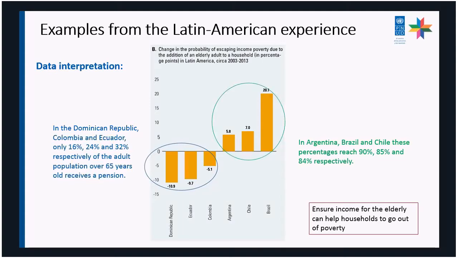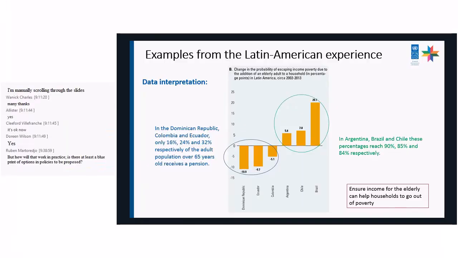In Brazil, Chile, and Argentina, having an additional elderly within the household increases the probability, in Chile by 7 percentage points and in Brazil by 20 percentage points, vis-a-vis a base household. On the contrary, in the Dominican Republic, Ecuador, and Colombia, the marginal contribution of this additional elderly individual within the household is to reduce the probability of moving out of poverty.